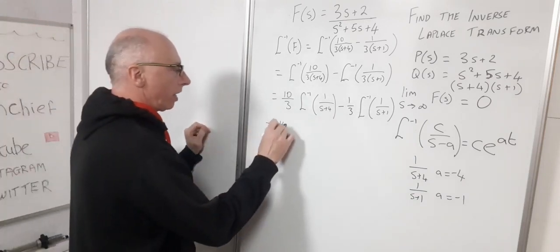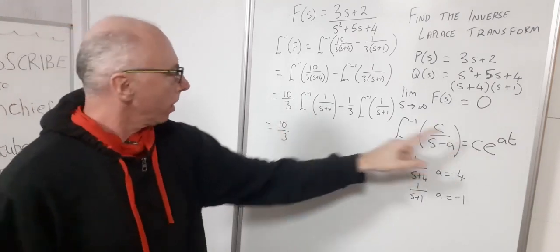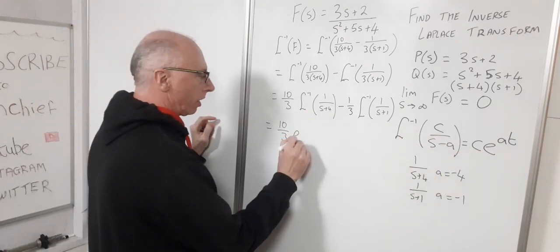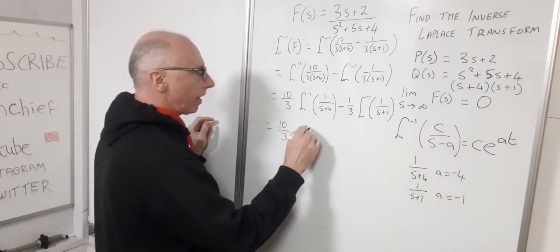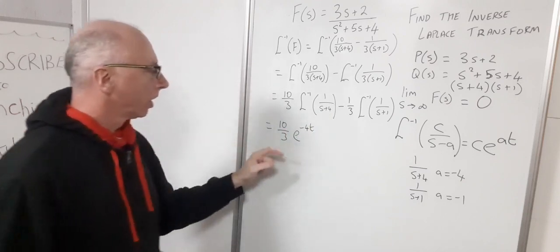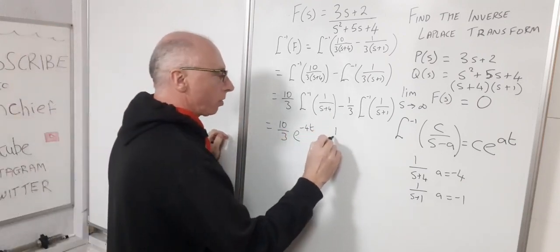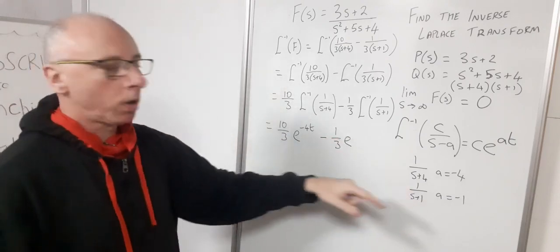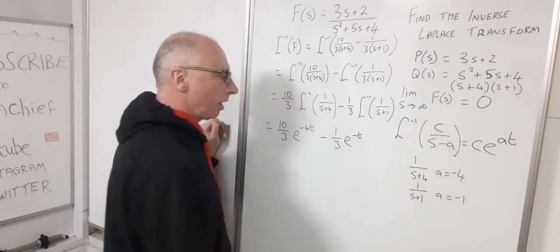So then we've got 10 over 3, and then using this, our c is 10 over 3 for this first one, then we have e to the a, which is minus 4 in this case, and then our variable t. So that takes care of that. And now this one, we've got minus 1/3 e. Here we've got minus 1, and then our variable t. So I'm just going to write that as minus t.